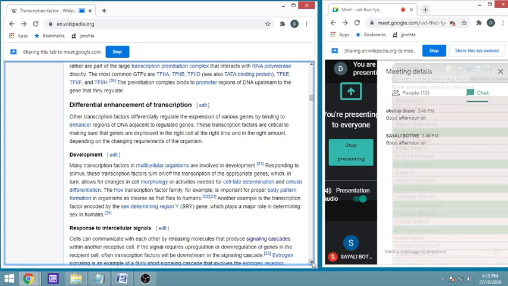And then it will change the cell morphology, or it will activate what is needed for cell fate determination. For example, they may synthesize the proteins or chemicals which are responsible for cell apoptosis. So the cell will automatically go for death. For example, RBCs are programmed to die in 120 days.